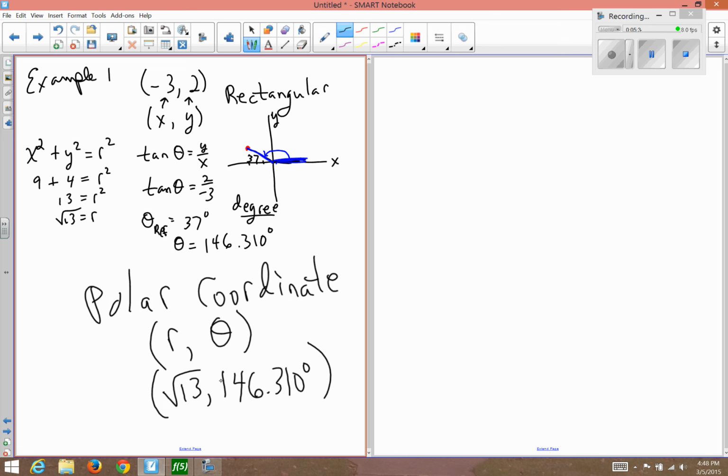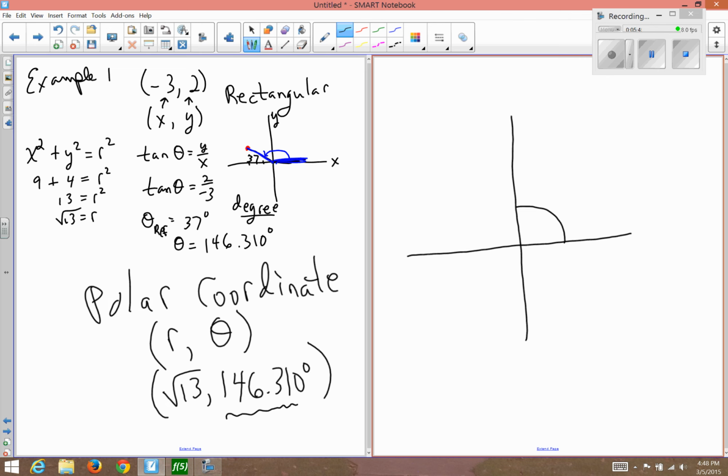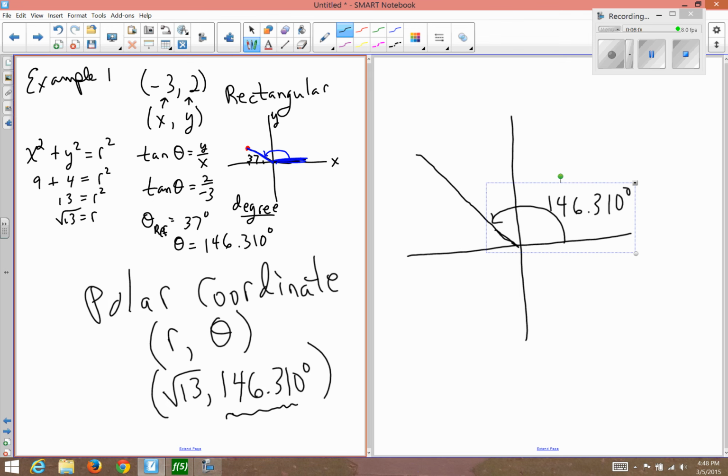What it means is if we have to dot this point, we would first rotate 146.310 degrees. In other words, we'd rotate into the second quadrant. Make a terminal side vector. So the point we're looking for has this theta as one of its polar coordinates.